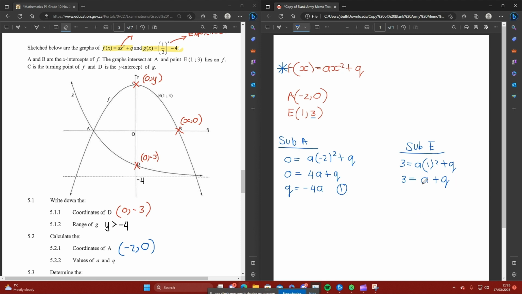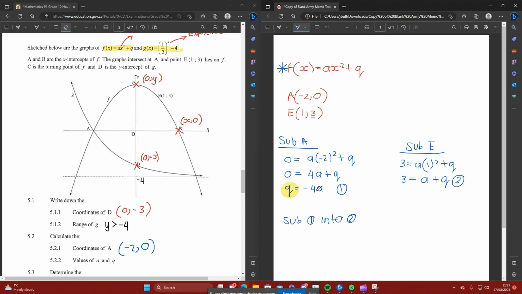What we can then do is we now have two equations, equation 1 and equation 2. So we are solving simultaneous equations. We know the value of q, so let's sub this q into equation 2. Just make a note of what you're doing so the examiner can see. So let's sub 1 into equation 2.